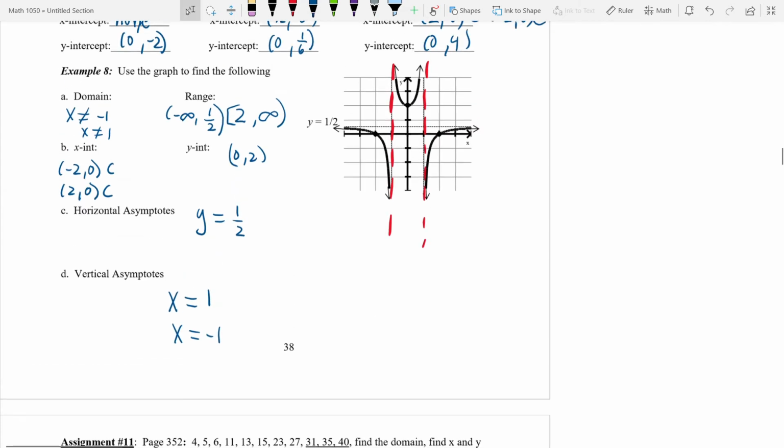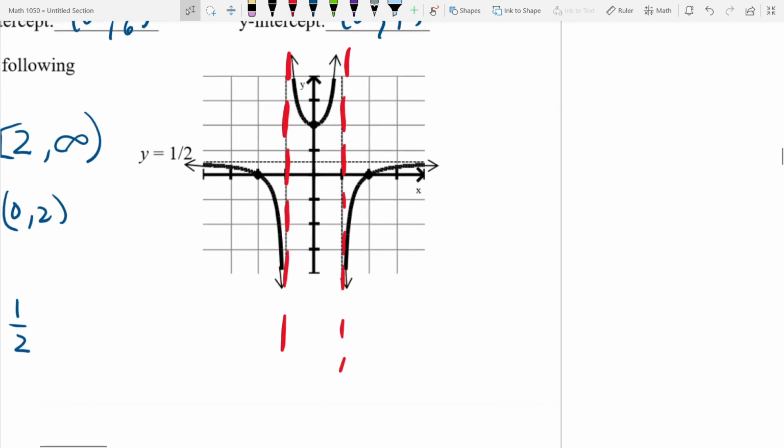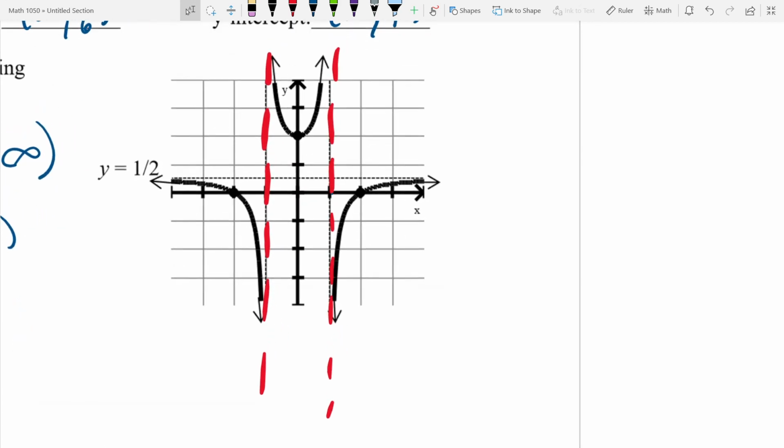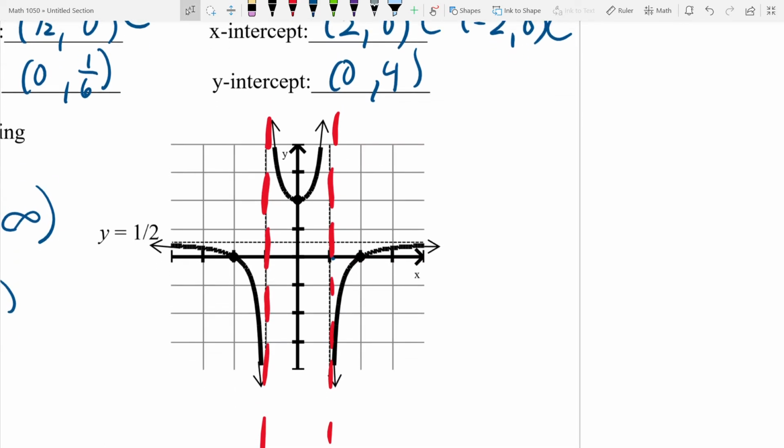Here's a question. Look at the x equals 1. This is big, right here. Is that asymptote even or odd? Everybody watch. I think the biggest problem of people not being able to graph is right here. Look, here's an asymptote.